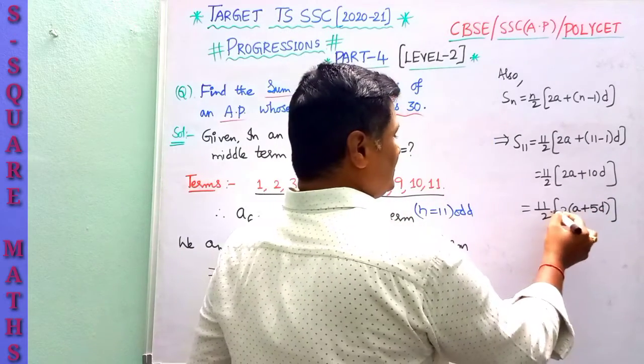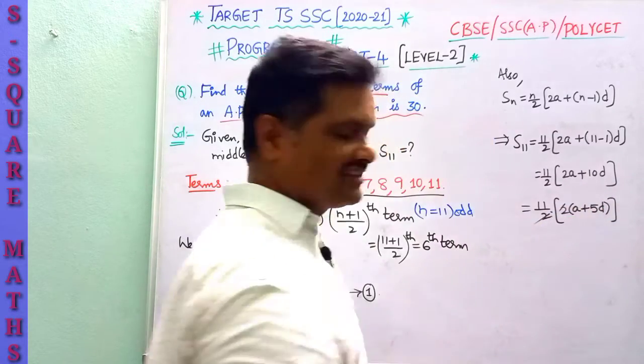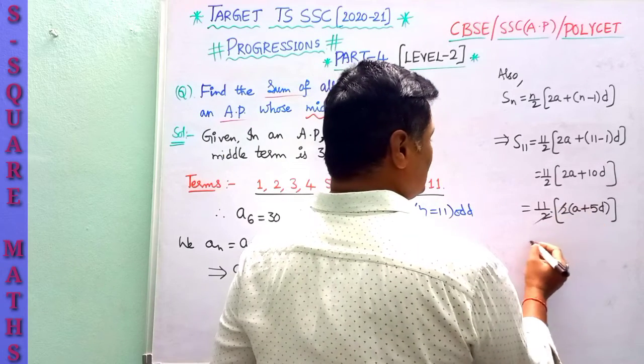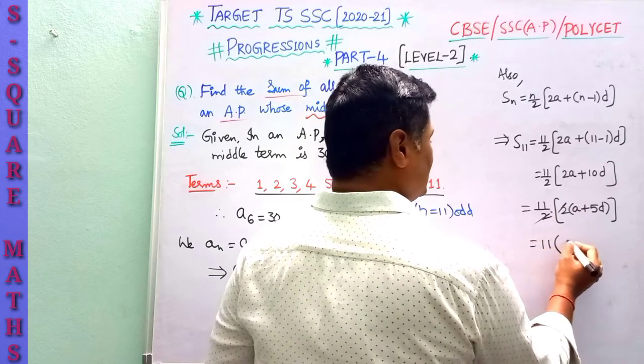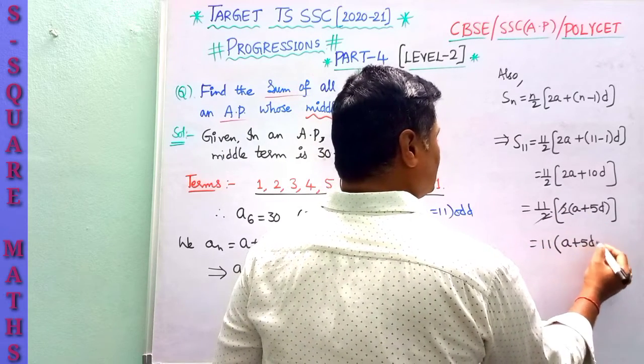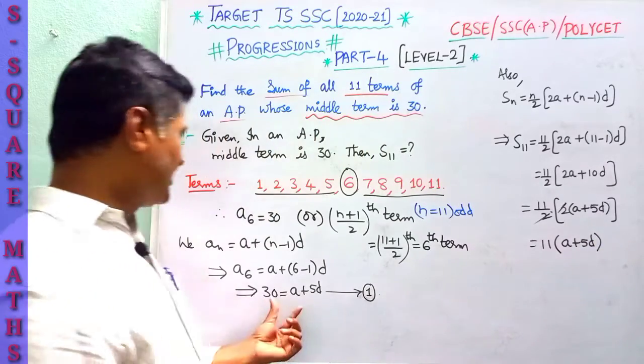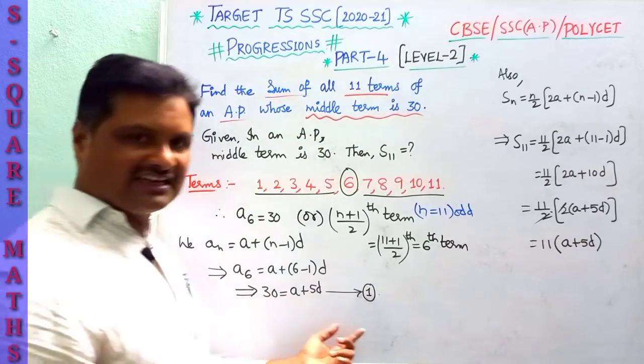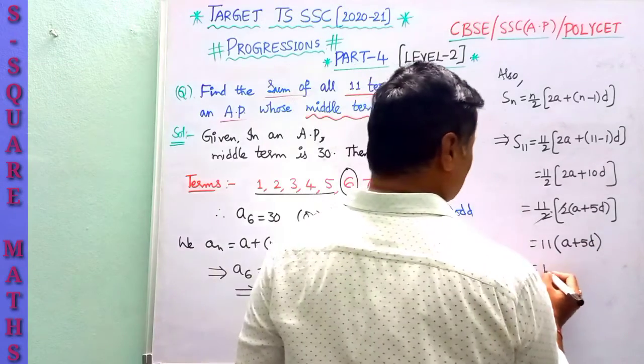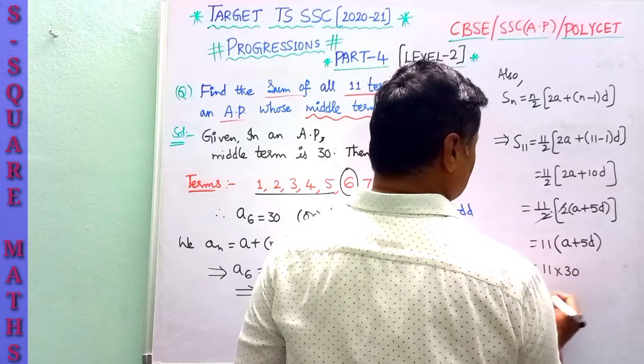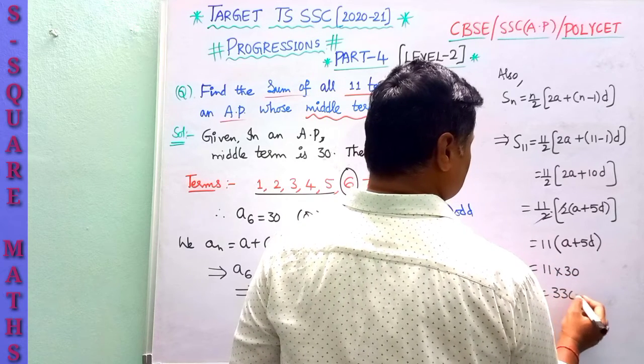Since the operation is multiplication, I can cancel. So this is nothing but 11 into (a plus 5d) left over. But here a plus 5d from the first equation is nothing but 30. So 11 into 30 gives you 330.